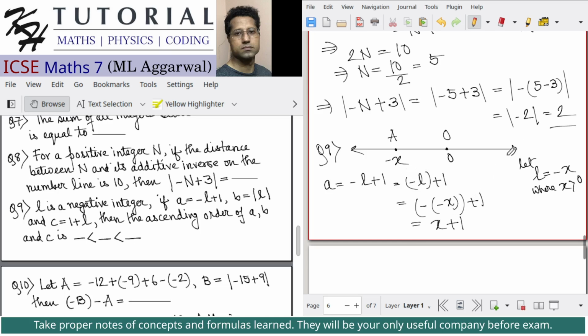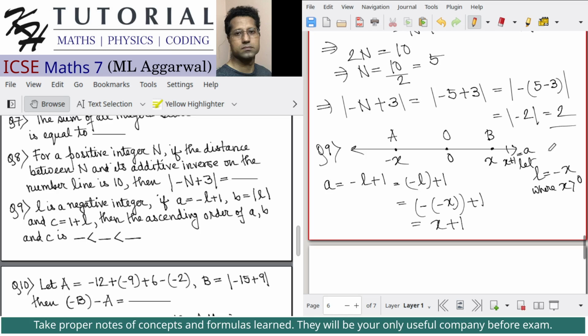Now, where will x be? X is the additive inverse of minus x, so x will be somewhere here. The point B will represent the value x, and x plus 1 is the successor of x, the next consecutive integer. So let's say this is x plus 1, which will be a.